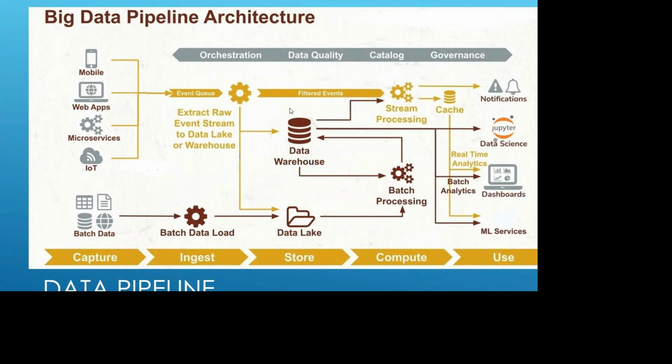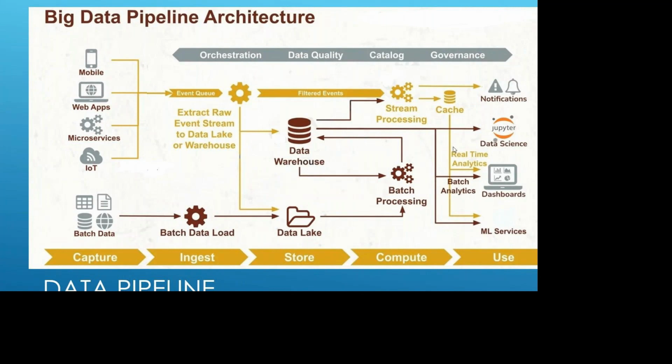Whenever you see this light colored part, this is the stream processing job. Here the data is instantly coming and being stored on the fly; in the sense, we use the cache memory for that. These are the different stages in data pipelining: capturing the data, ingesting the data, storing the data, computing and processing the data, and finally using the data.